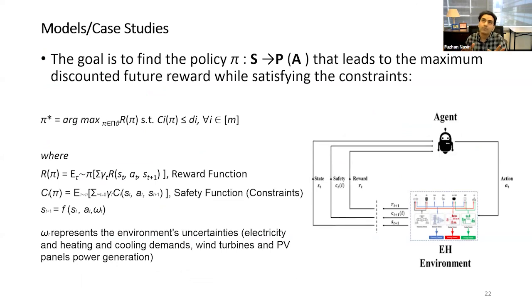There would be some hard constraints, which we cannot violate, and some soft constraints that we could violate. Soft constraints are, for example, where we put a capacity on production or on discharging from the energy storage system. If we discharge a little bit more, it would be okay. At worst, it would be waste, basically.